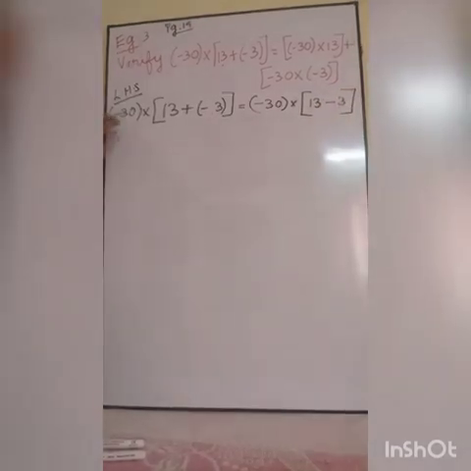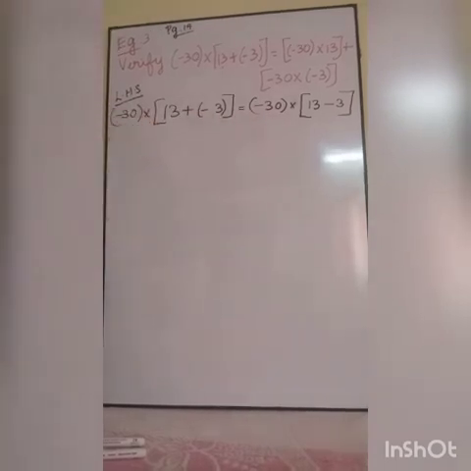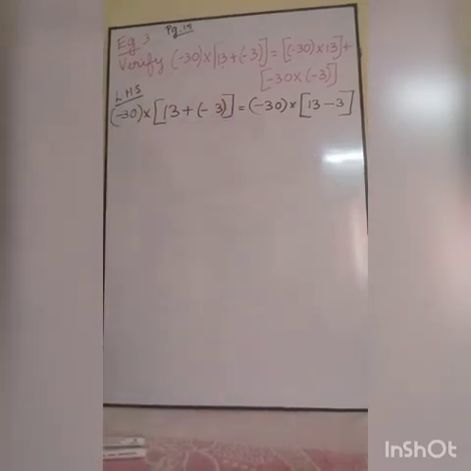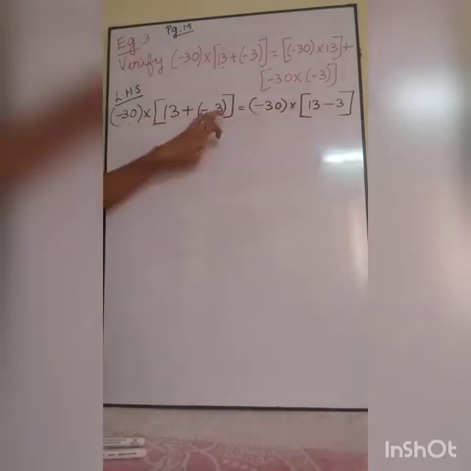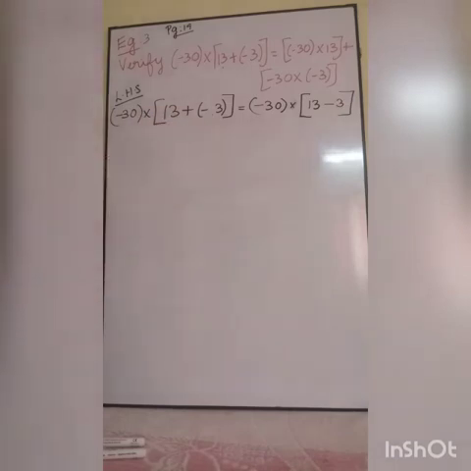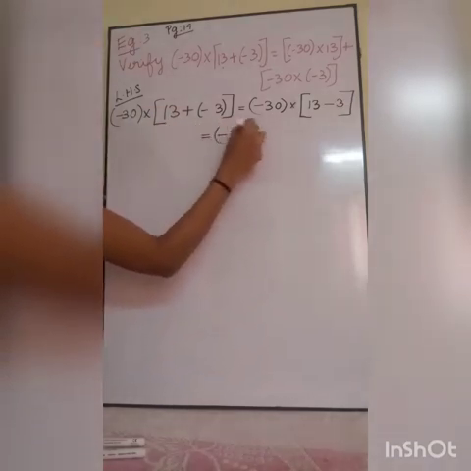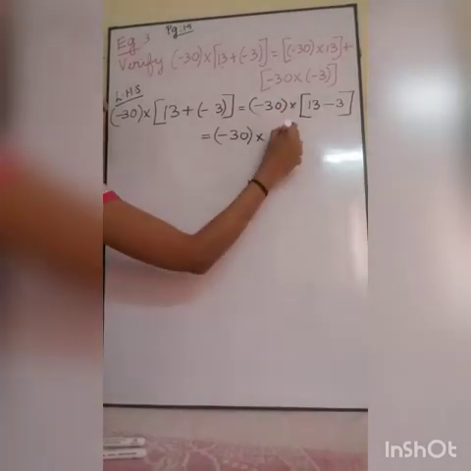Okay, now did you understand? Minus 30 I am writing as such, because brackets always play an important role in the BODMAS rule. So whatever is inside the brackets, you should remove that first. So 13 plus into minus, minus 3, close bracket. Now minus 30 as such into 13 minus 3, 10.